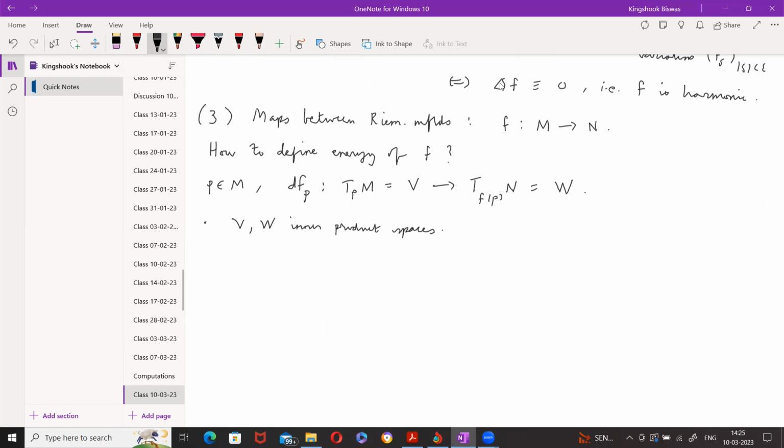Then we can define on the set of linear maps from V to W, where V and W are finite dimensional inner product spaces, a natural inner product.